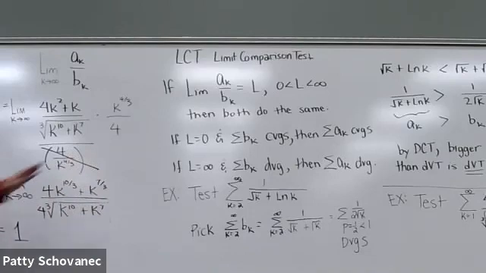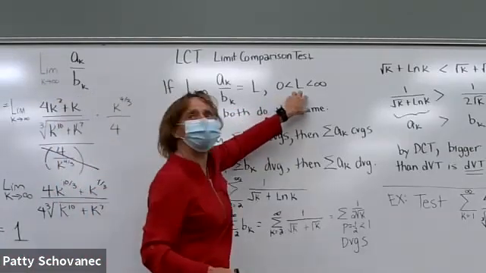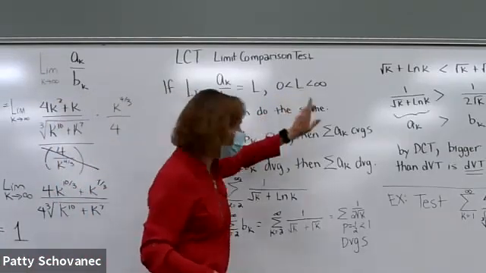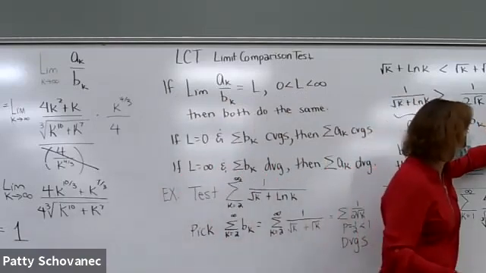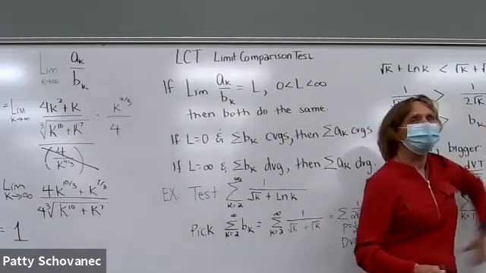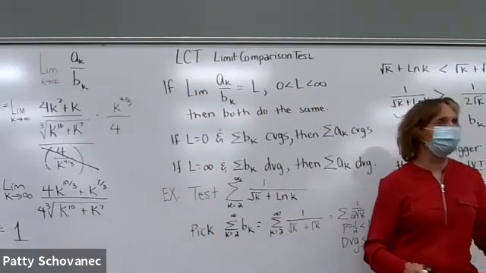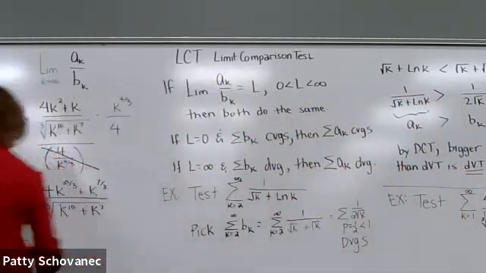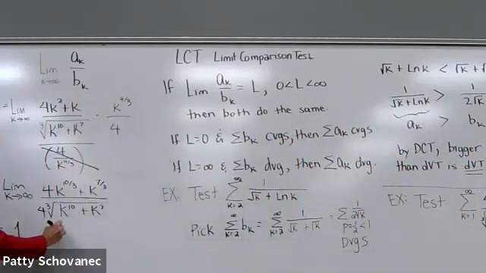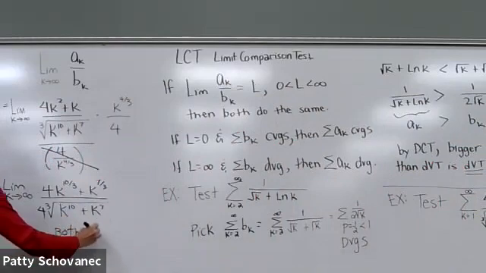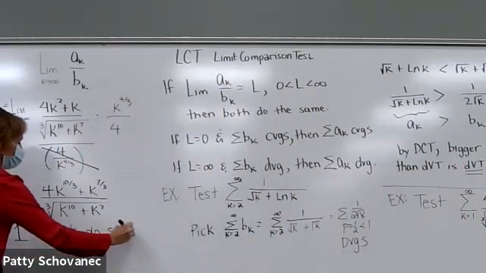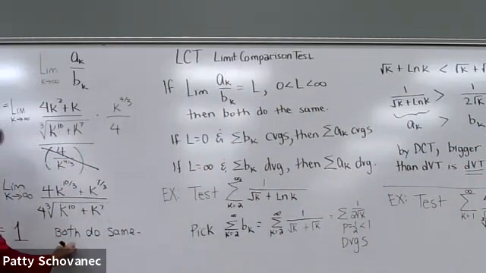But if the limit is any positive finite number, they both do the same thing. So we go over here and look at what our comparison series did. It converged. So our given series is going to converge. So both series do the same. Therefore, our given series converges.